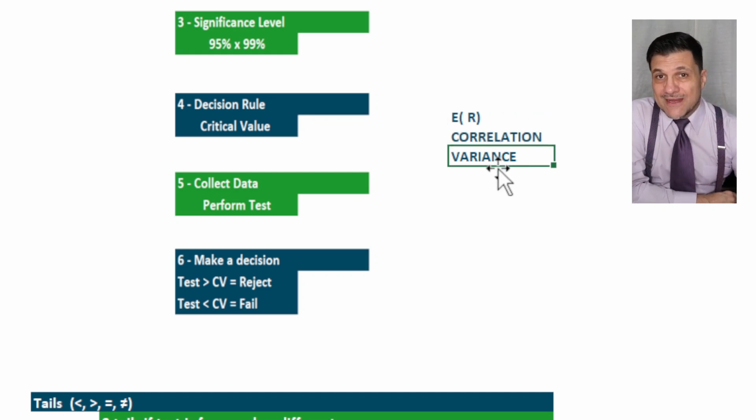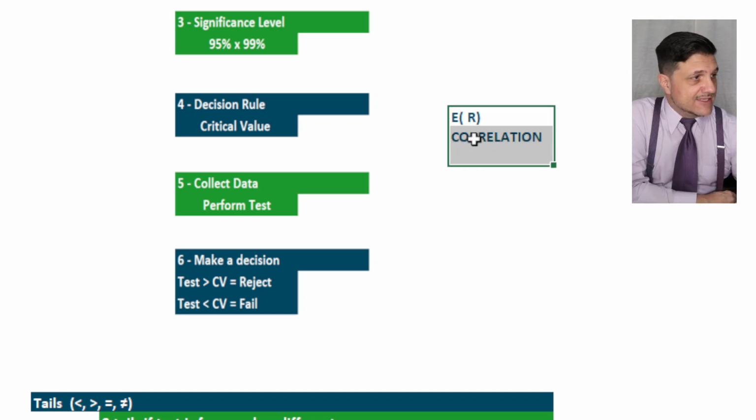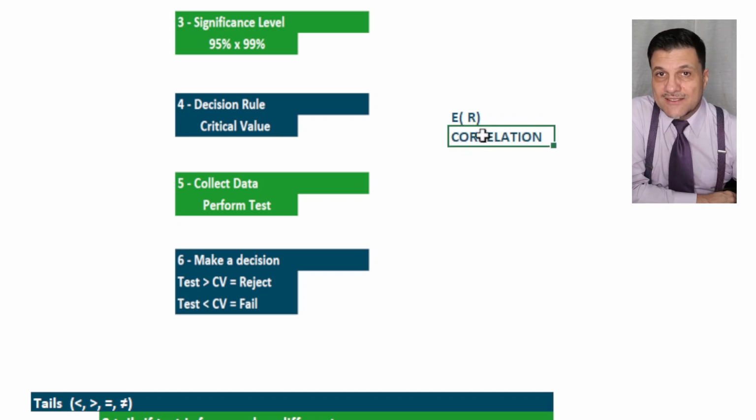Tests for variance, I don't think you're going to perform in level 1. Definitely in level 2 it's going to be more critical for you to know variance tests. For level 1, remember that for a test of variance, you need the F distribution or the chi-square distribution.